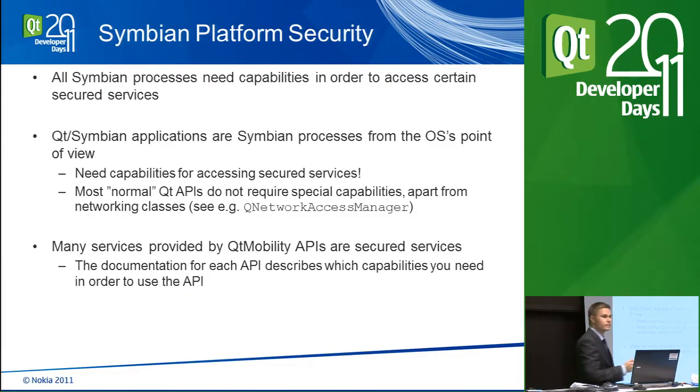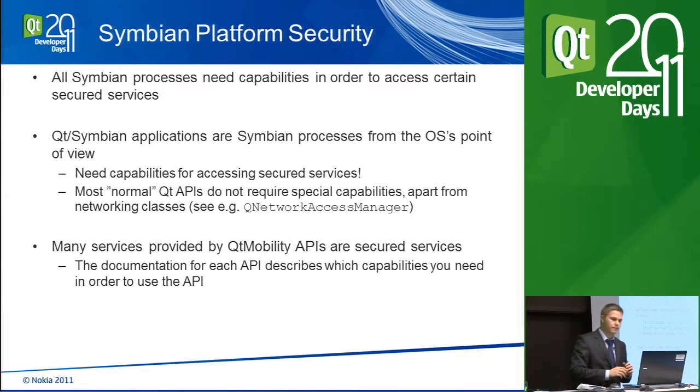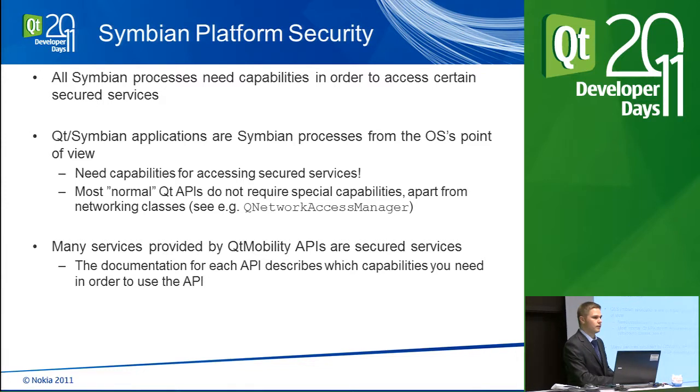You'll need a certificate for that, will you? The question was, do we need a certificate for those? Those APIs, or capabilities, are available in self-signed packages. Also location? Location is there, so you can use it.